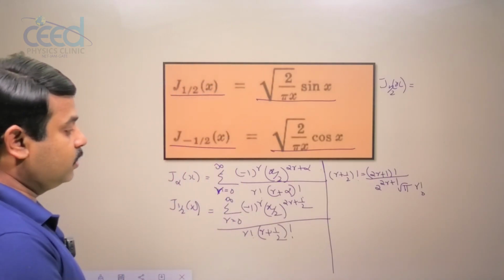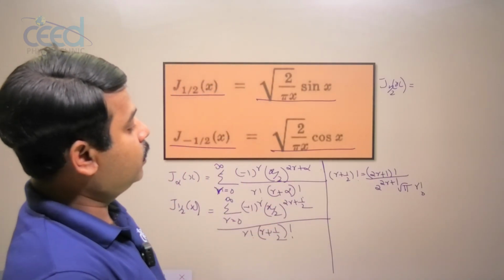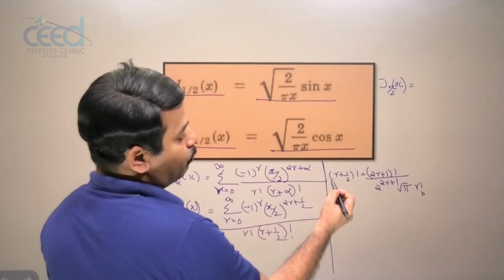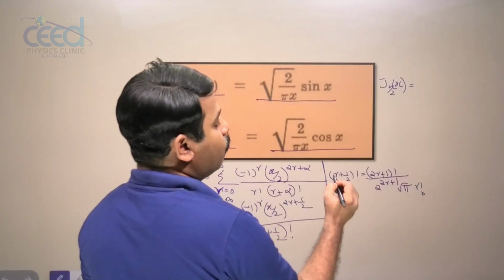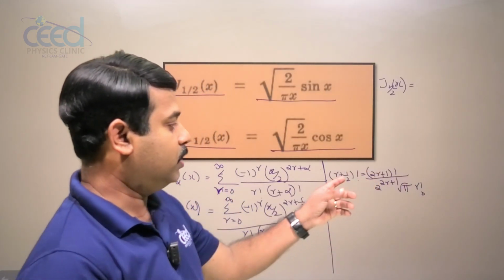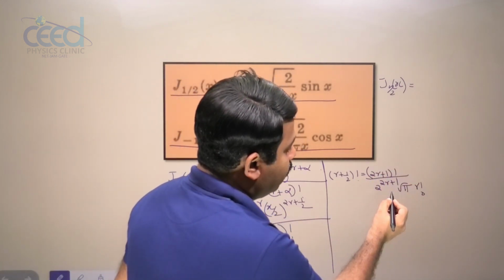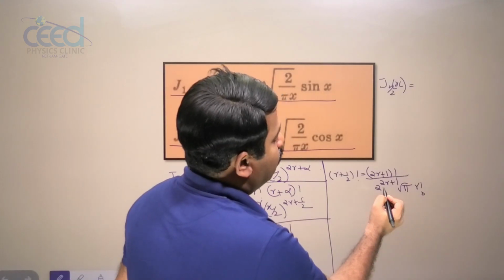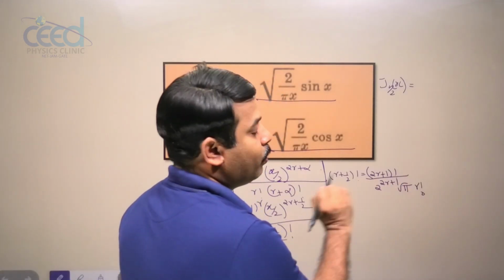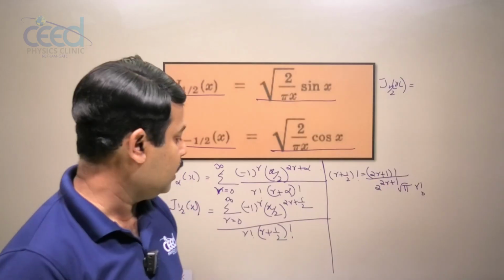This is the formula. So this is the r plus 1 by 2 whole factorial expansion: 2r plus 1 factorial, over 2 raised to 2r plus 1 root pi into r factorial.